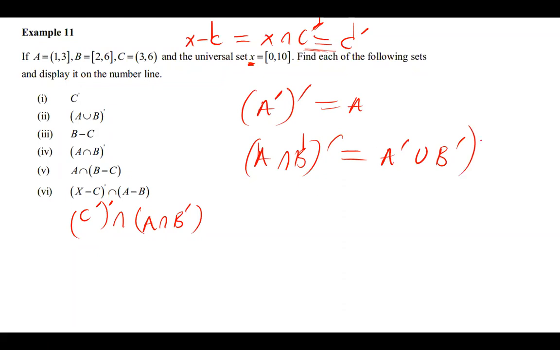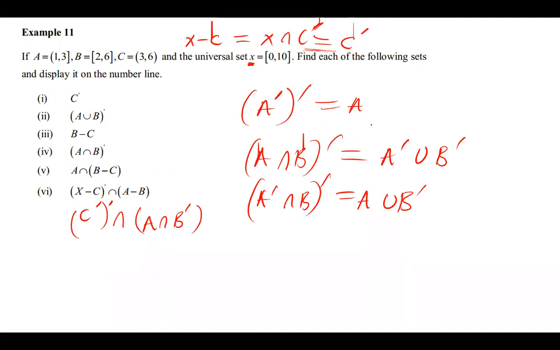If you have something like A complement intersection B and then another complement outside, the complements will cancel on A, and the symbol will change according to De Morgan's rule. And this complement will also be on B when you distribute it. But when you distribute it on A, since A already has another complement, it's going to cancel. That's why A has just remained without a complement. So this was just a revision.